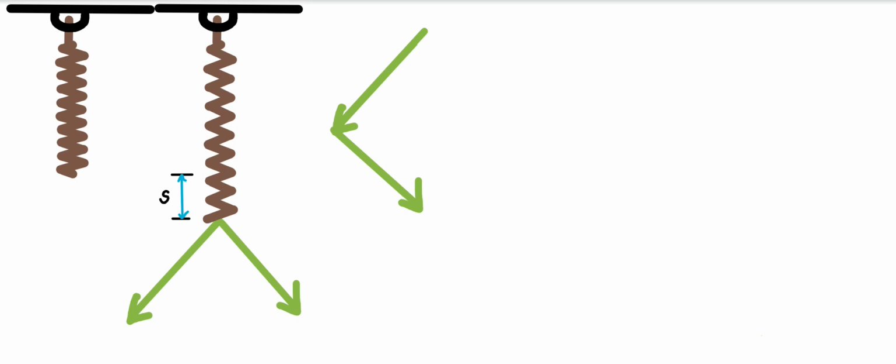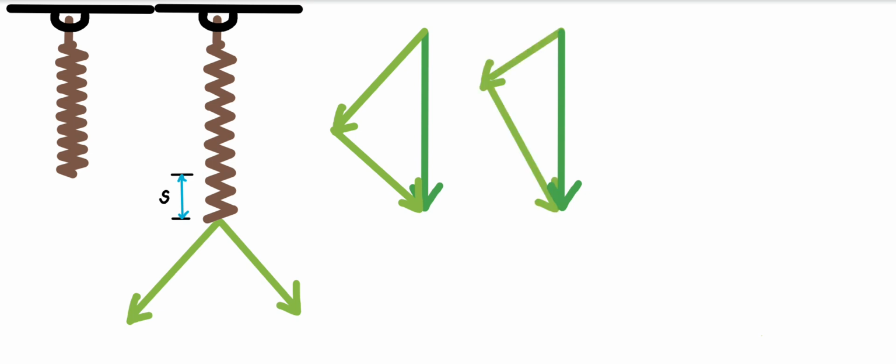I am applying the triangular law here. You can see the triangular law is accepted. So we have to do an experiment and find whether they are acceptable or not. Similarly, for the same resultant, I can find another combination of two forces.